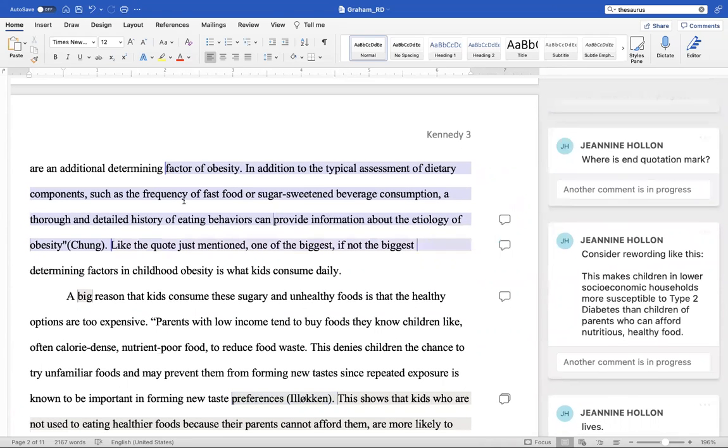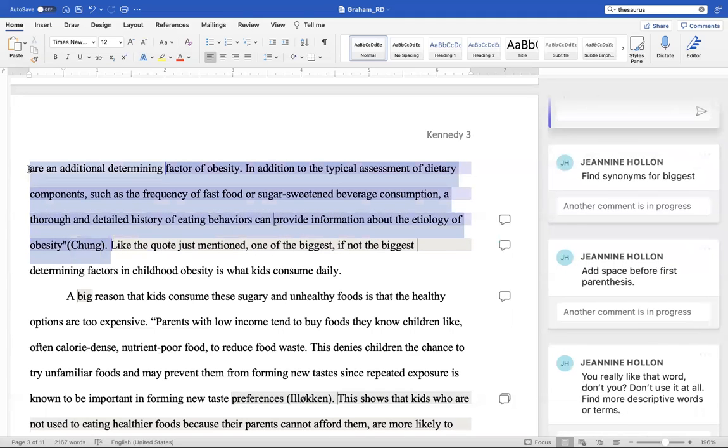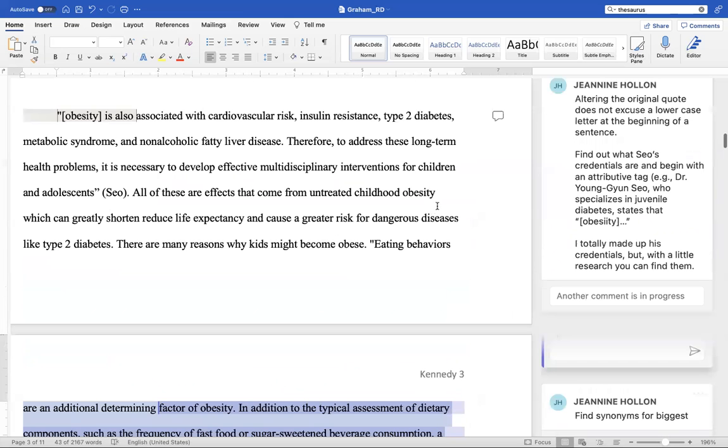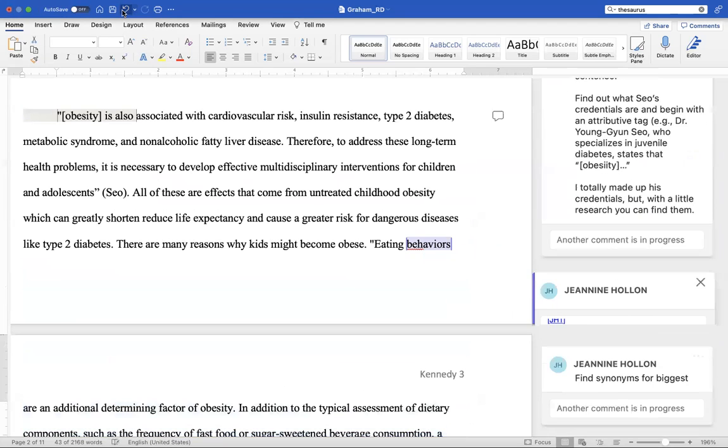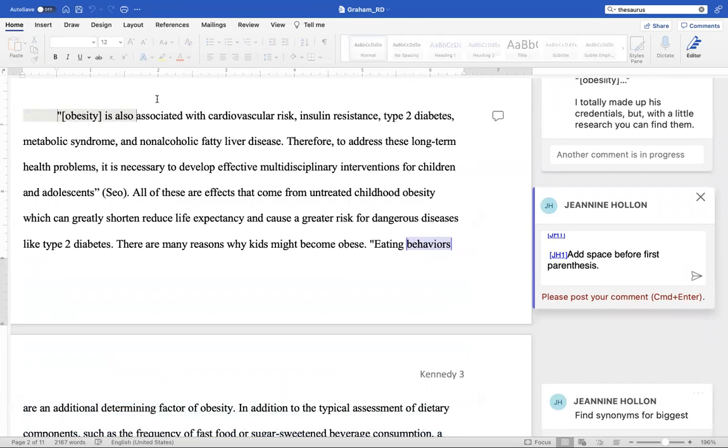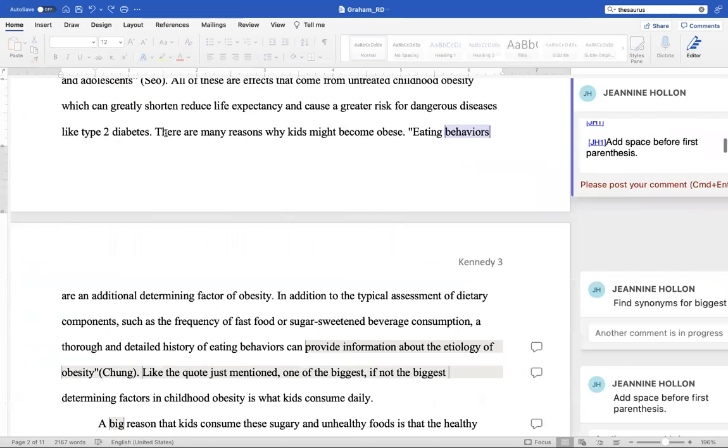And I did figure out where your quotation mark is. This is a very long quotation that goes here to here. I'm sorry. Okay, so we don't want to do that.